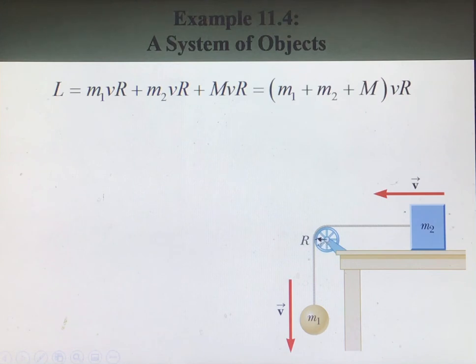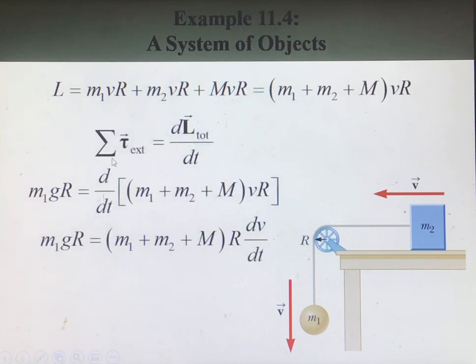So there is 90 degrees between the radius vector and my momentum vector. It means that L is just equal to M1 V R plus M2 V R plus M V times R. This last term is the angular momentum of the pulley, the mass of the pulley times the radius of the pulley times V. So we can write all of these as that.